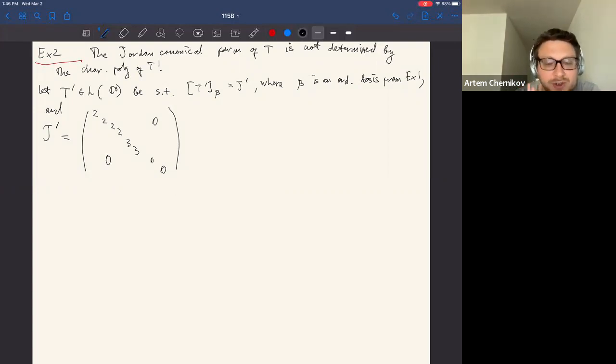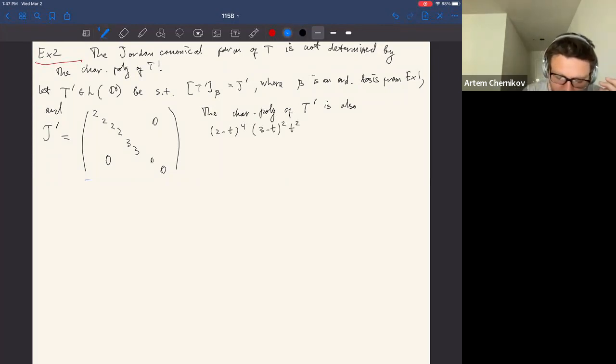So you see the matrix is different, the operator is different, but the characteristic polynomial of T prime is the same. It's also going to be (2 minus t) to the power 4, times (3 minus t) squared, times t squared. We can calculate it from this matrix and it's easy to see. But of course, the matrix J is not equal to the matrix J prime.